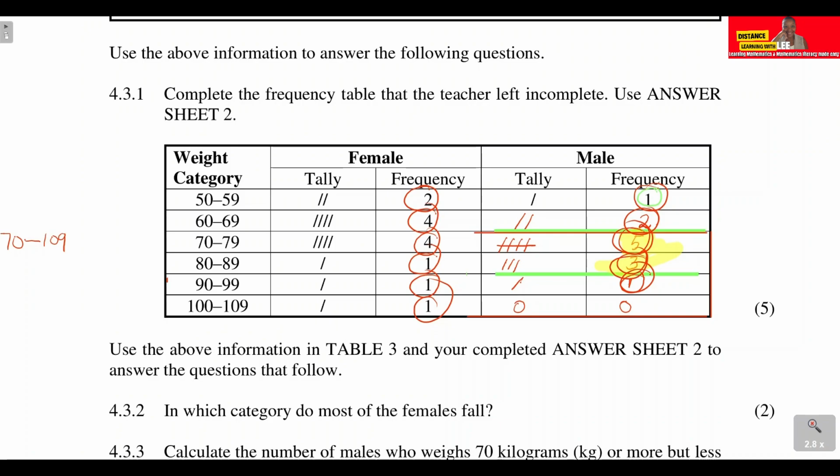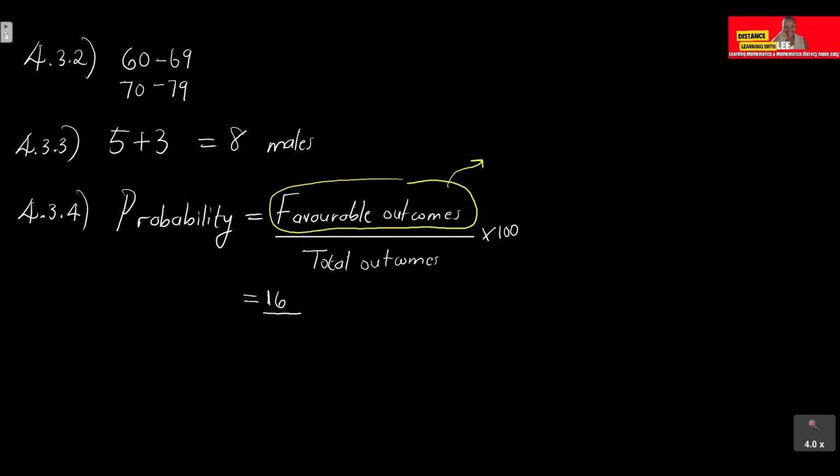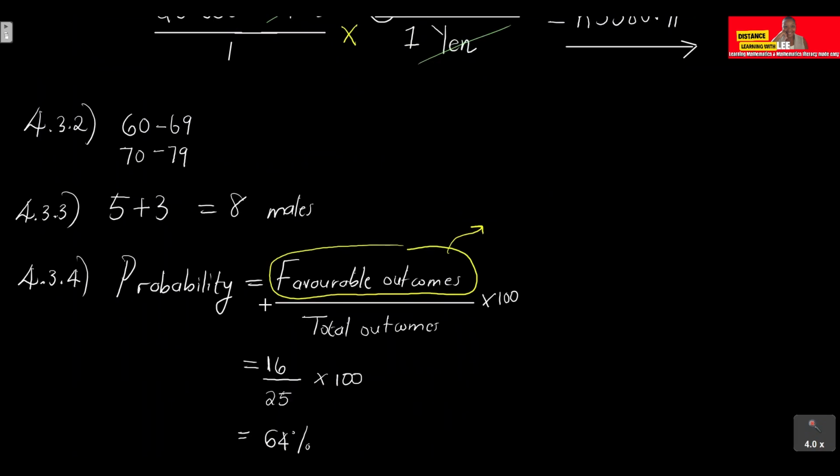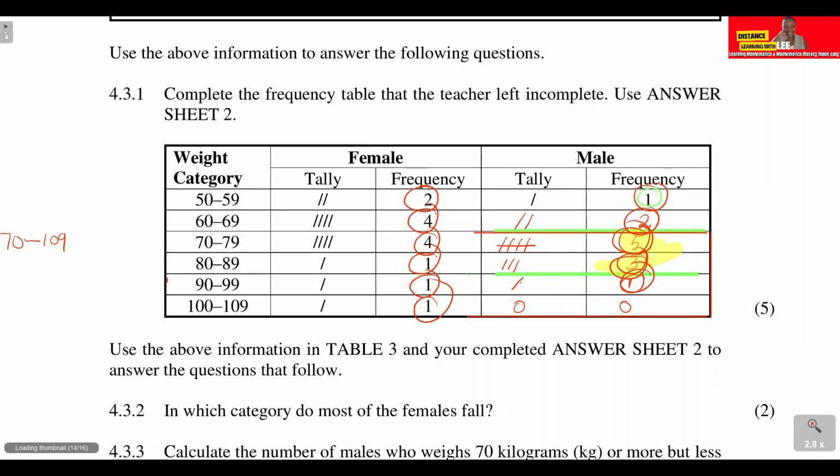If you punch it in, you'll see that you will get 25 learners in total. Okay, and you multiply by 100. Remember, we are trying to get the probability as a percentage. If you punch it into your calculator, you'll find that the probability of randomly selecting a learner that weighs 70 or more in this class is equal to 64%. Okay, and we are basically done with this paper.